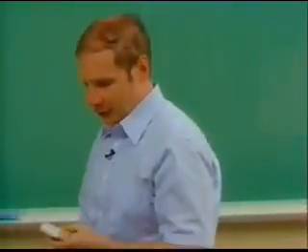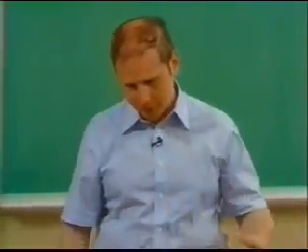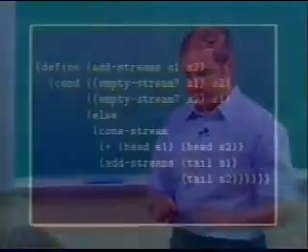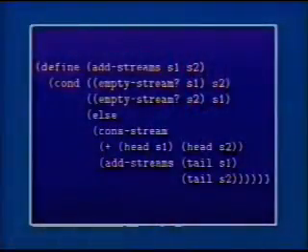Let me show you what I mean. Let me start by defining two procedures that'll come in handy. The first one's called add-streams. Add-streams takes two streams, S1 and S2, and produces a stream whose elements are the corresponding sums.